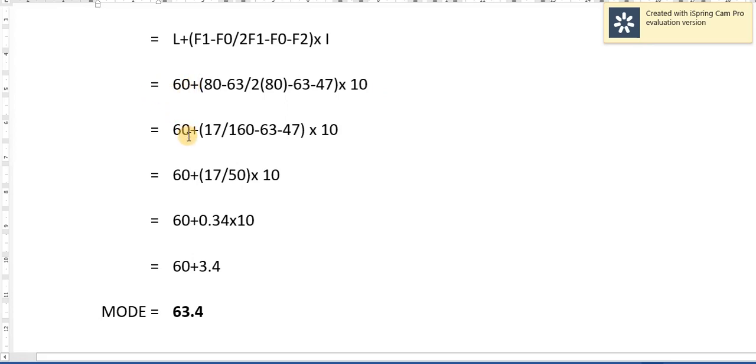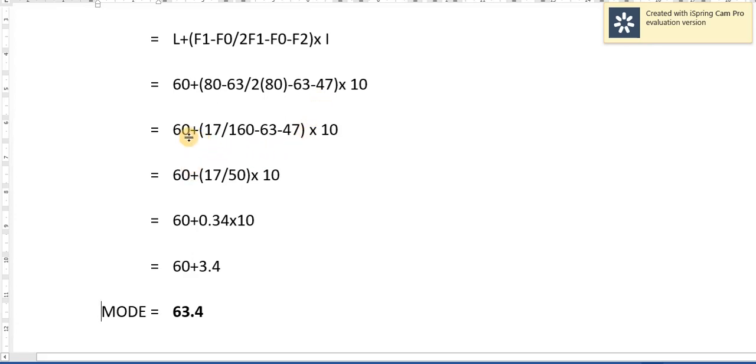60 as it is, plus 80 minus 63, that is 17, divided by 2 into 80, that is 160, minus 63, minus 47.